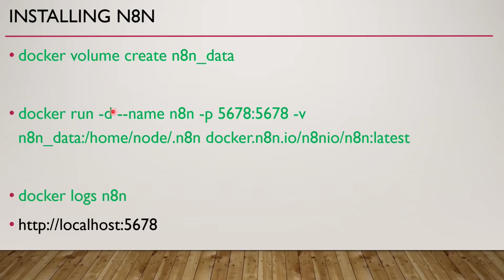This is the command which we need to run in a command prompt in administrative mode. The text in green is the command. After running this command, we can check whether N8N is running using this command, or we can open our web browser and point to this URL to work with N8N and make our workflows.